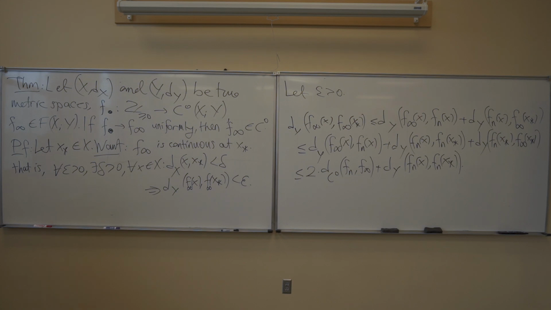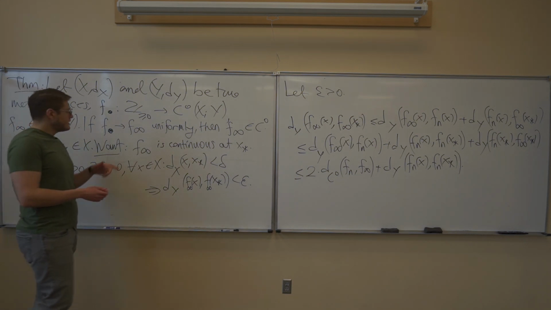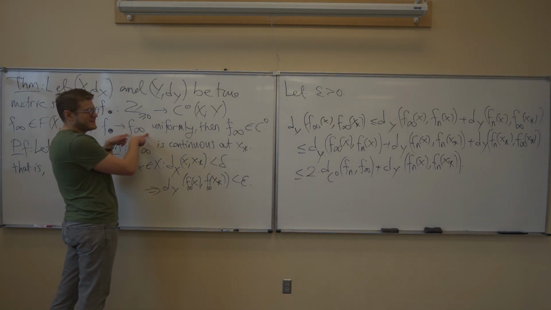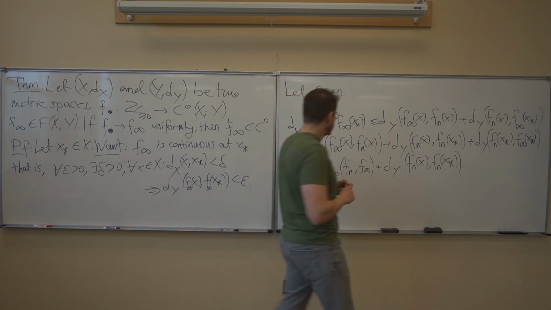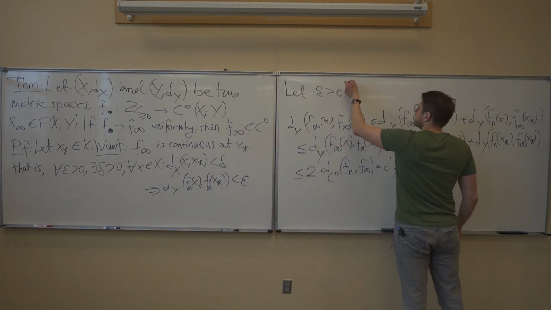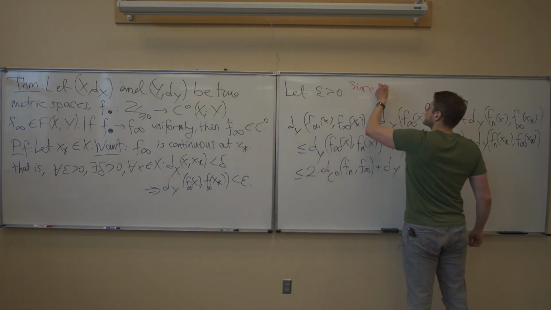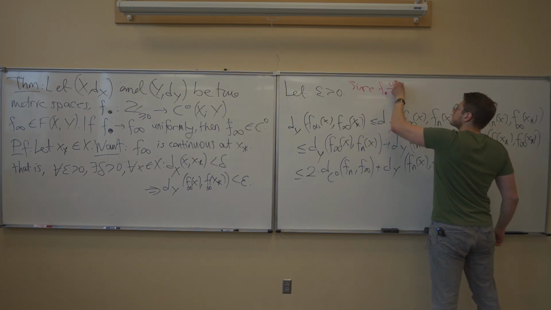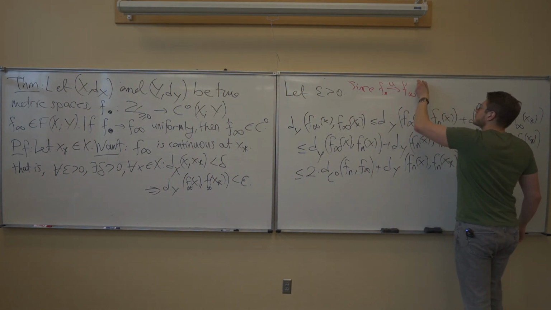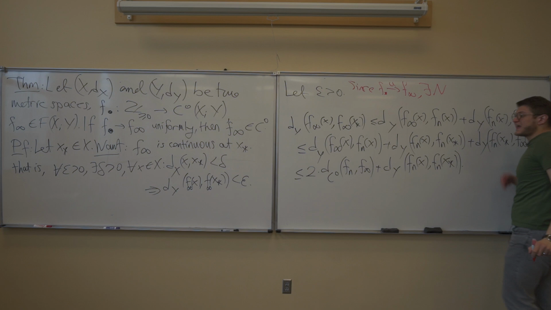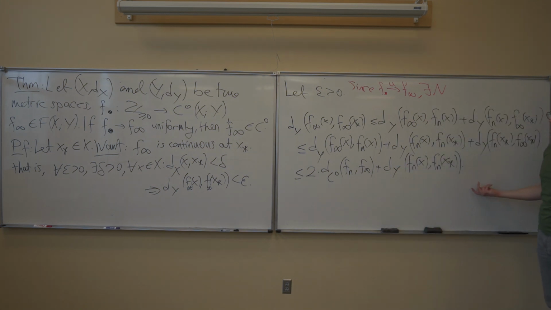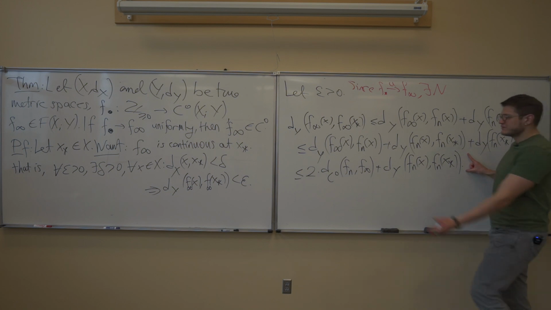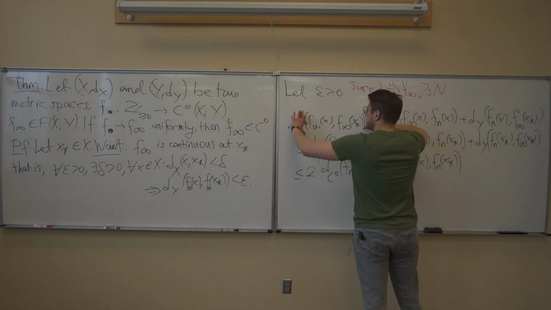Well, now what I can do is this. Because f bullet converges to f infinity uniformly, there is some capital N such that after that, I can say that this is bounded by, let's say, epsilon over 4, because ultimately I want to bound this expression by epsilon.